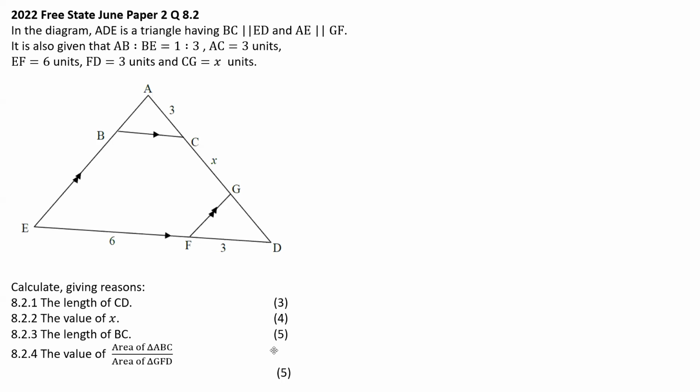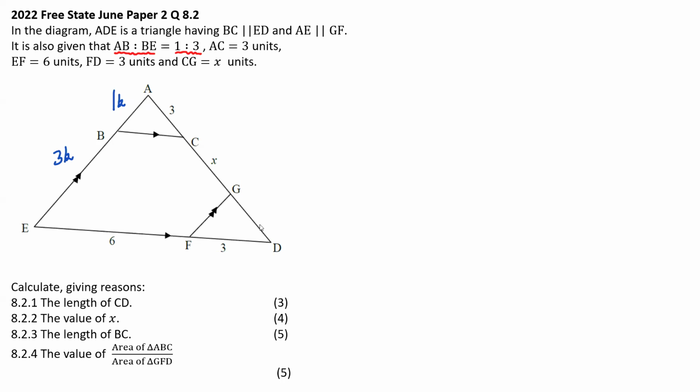It is also given that AB to BE, that's a ratio, is 1:3. We spoke about ratios in the beginning of our class, and we said AB is not 1, but rather is 1K. BE is not 3, but rather is 3K. Fine. AC is 3 units. EF is 6 units. FD is 3 and CG is also X units.